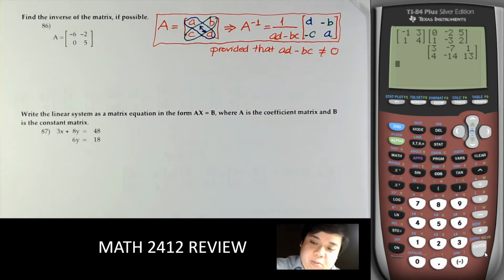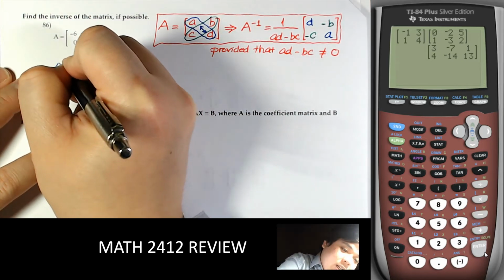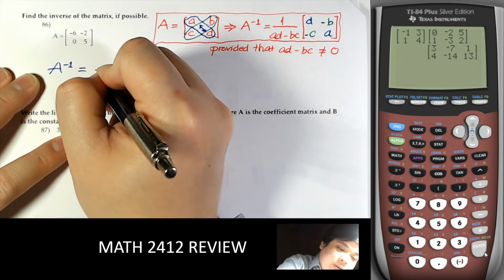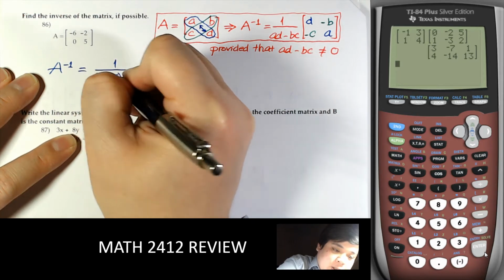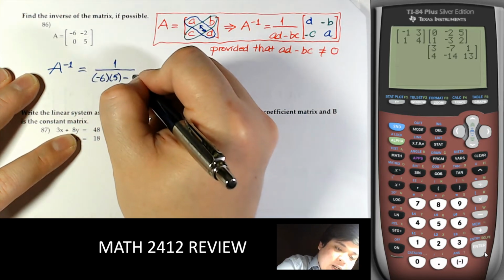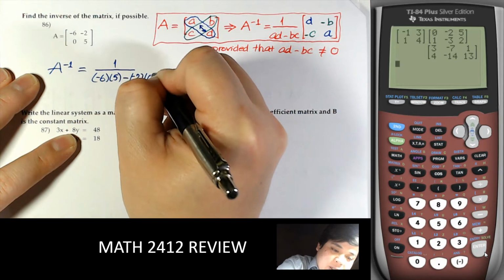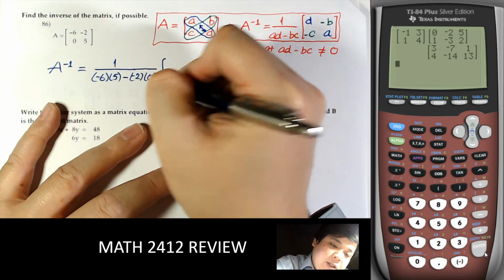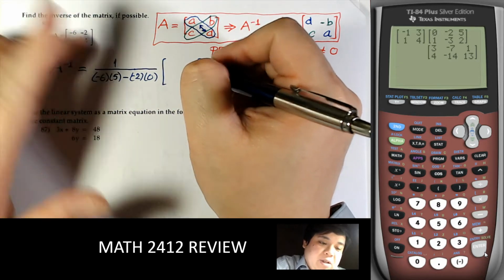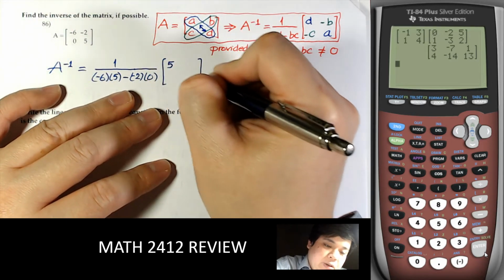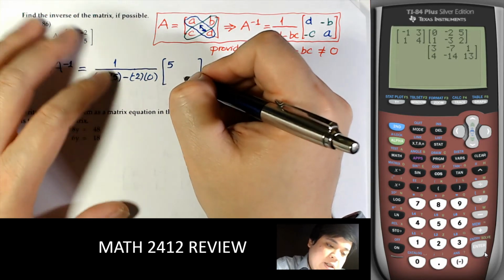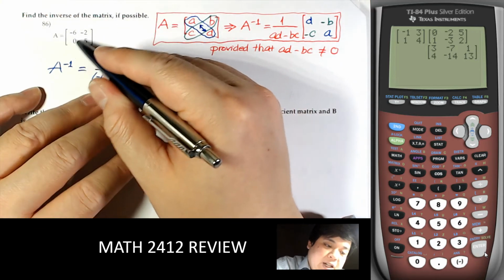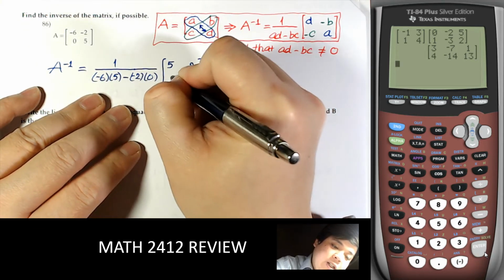So based on that, the matrix A inverse is going to be 1 over negative 6 times 5 minus negative 2 times 0, and then times the matrix where negative 6 and 5 interchange places, 5 and negative 6, and 0 and negative 2 we just negate.